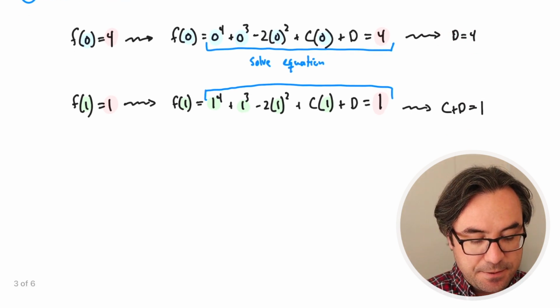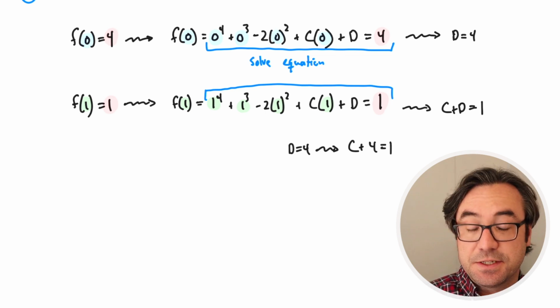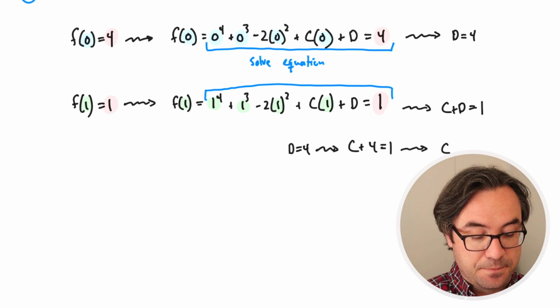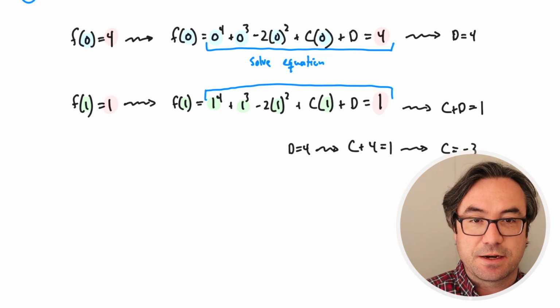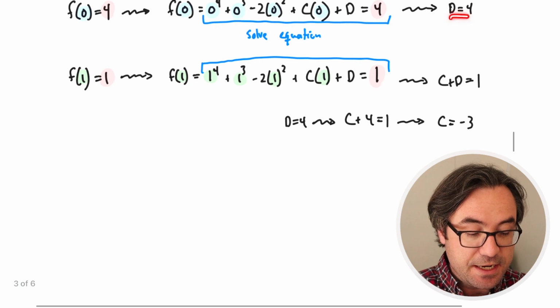And that gives me c plus 4 is equal to 1. And then if I solve that, I get c is equal to negative 3 by subtracting 4 from both sides. All right, so now I know what c and d are.